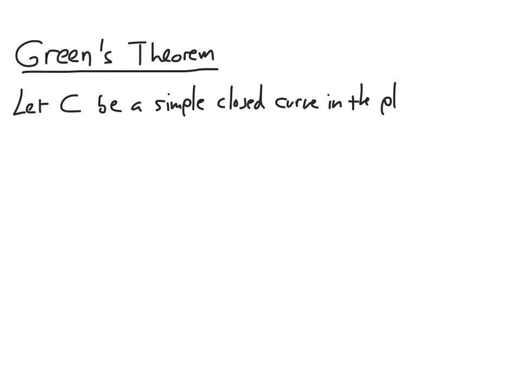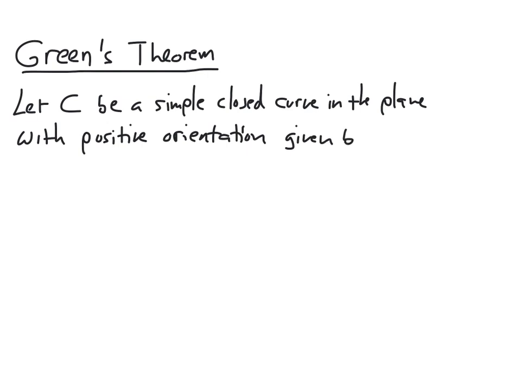and we want the curve to be in the plane, and we want it to have positive orientation, and we want it to be given by a vector function r of t, where t ranges from a to b.